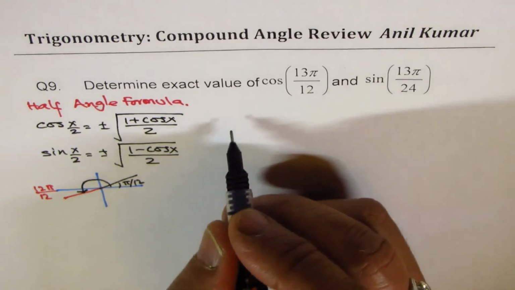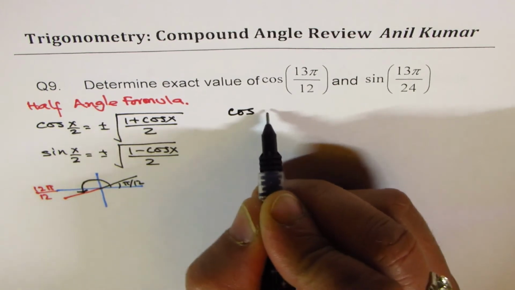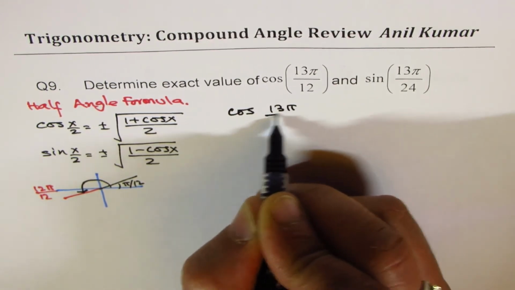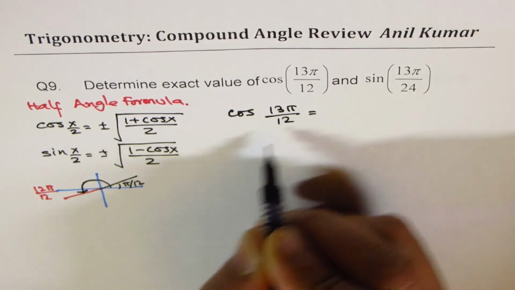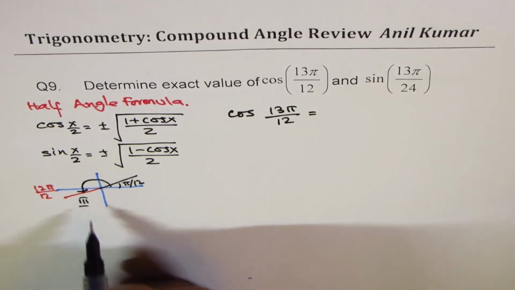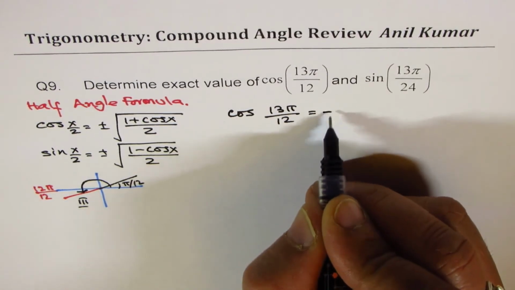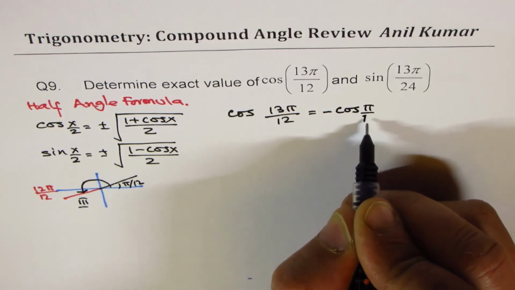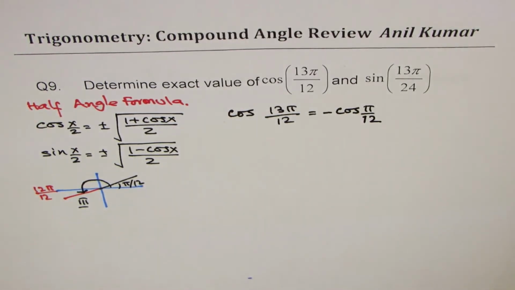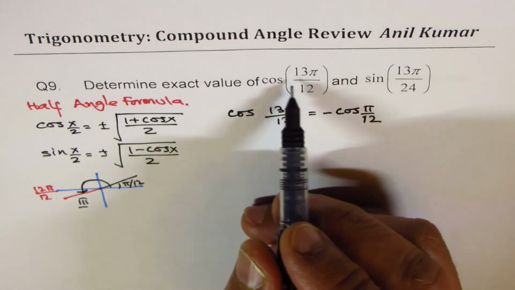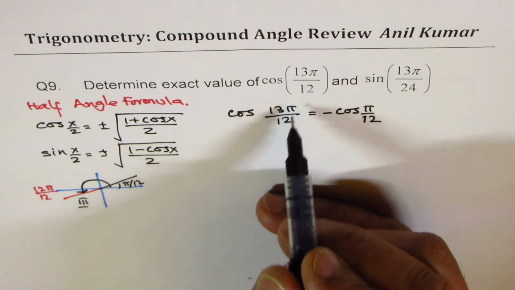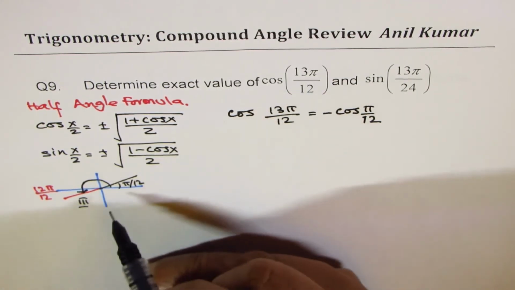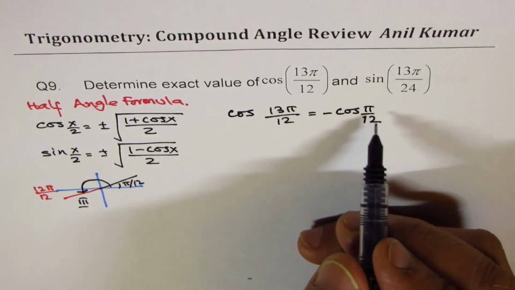So I could write cos 13 pi by 12 as equal to, since we are in quadrant 3, this value is negative. So we write this as negative cos of pi by 12. So I hope this step is absolutely clear. You don't have to split it and then work out with compound angle. This is a better strategy.